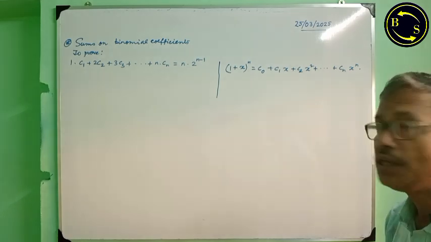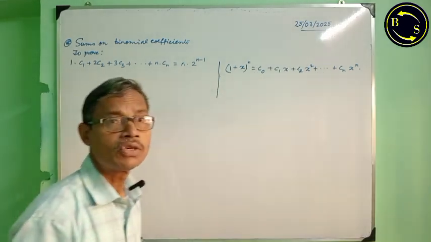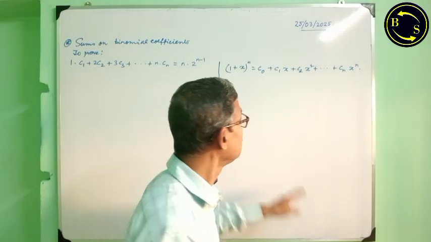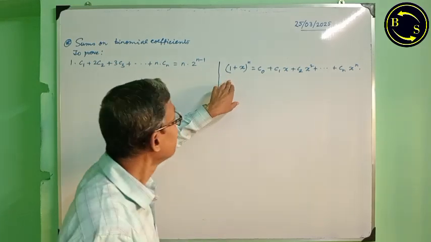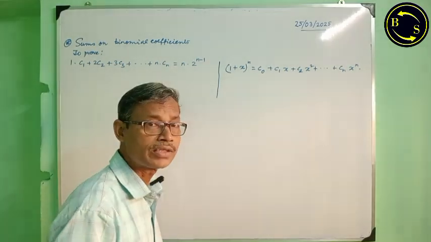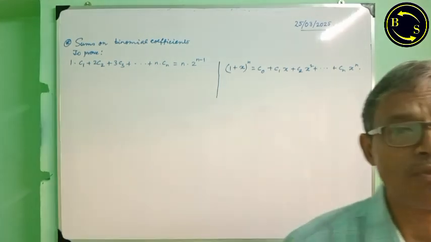Now, if I differentiate this equality with respect to x, then on the left side what we get? n into (1 plus x) whole to the power n minus 1 into d/dx of (1 plus x).